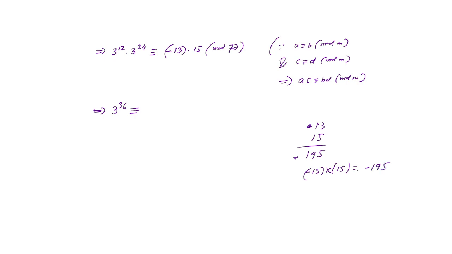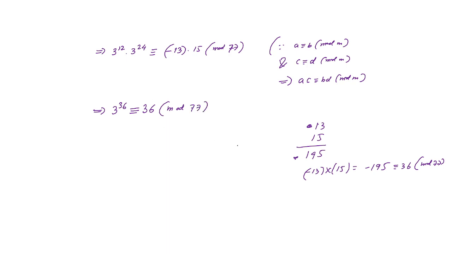And minus 195 is congruent to 36 mod 77.